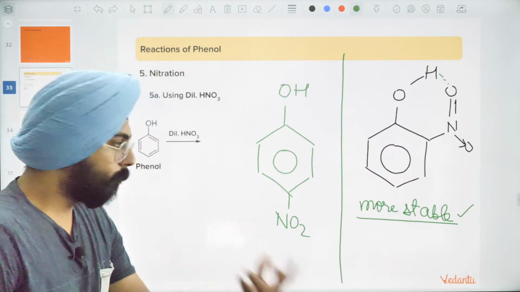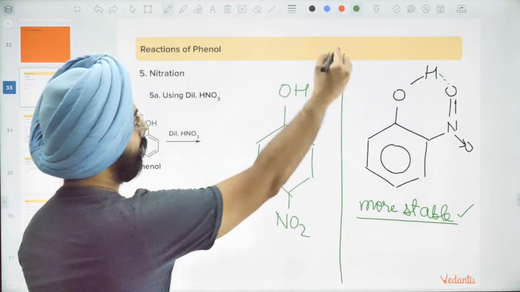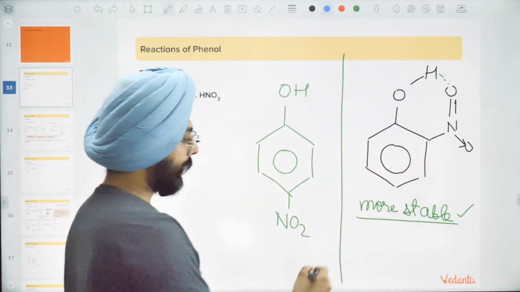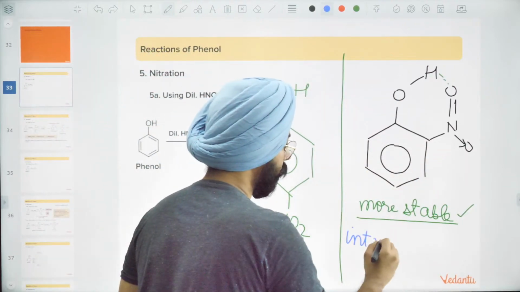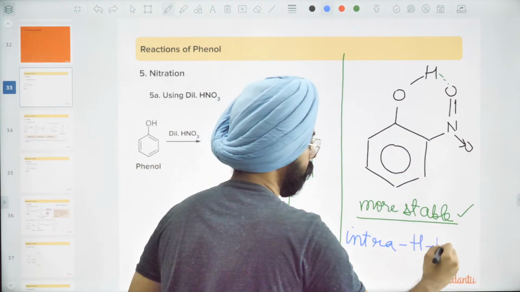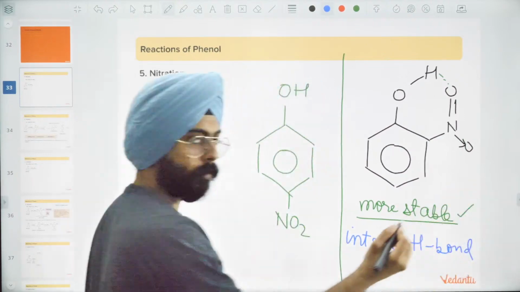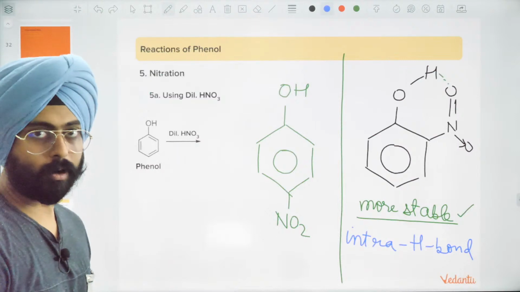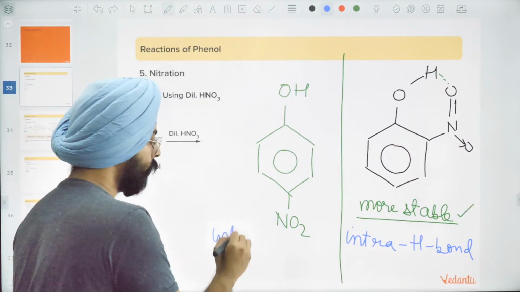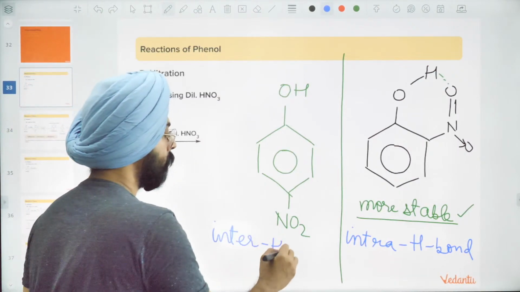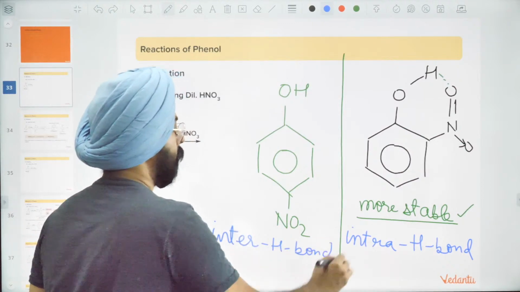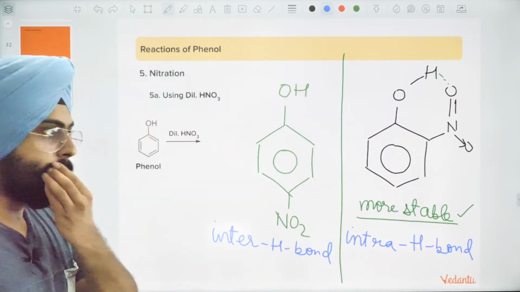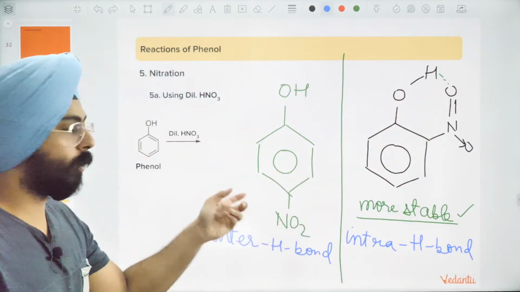One more thing that you should realize in this case is that the ortho product has intramolecular hydrogen bonding. The para product will have intermolecular hydrogen bonding. Is that right? This bonds in its own self. This guy will bond with other species.